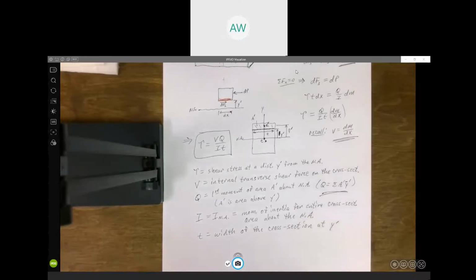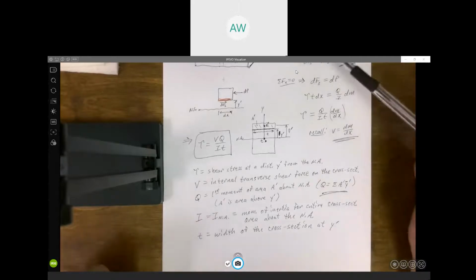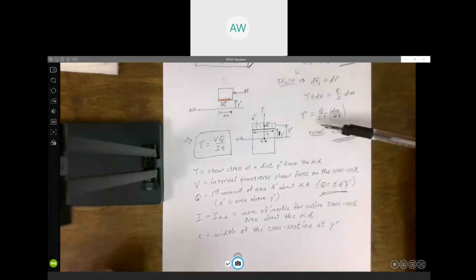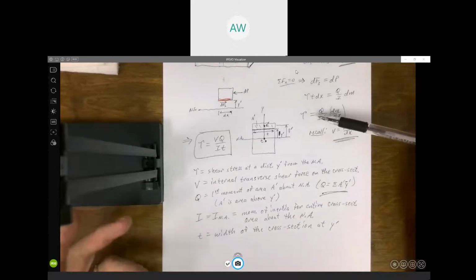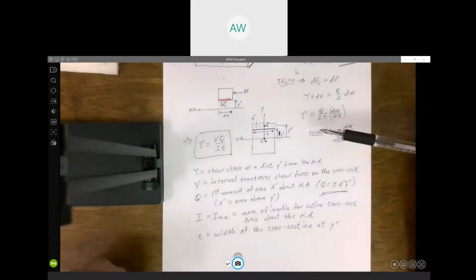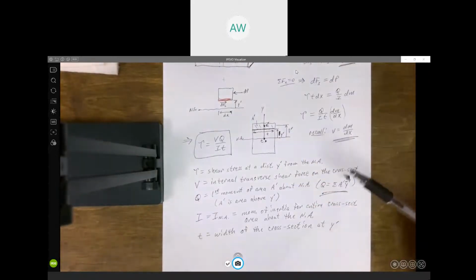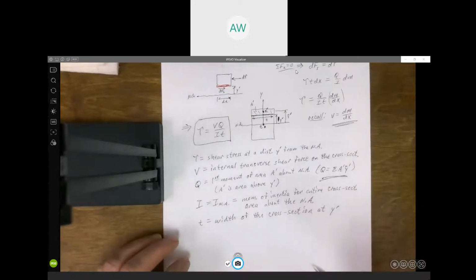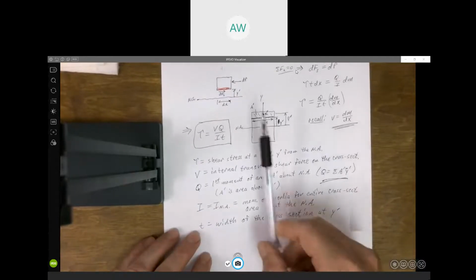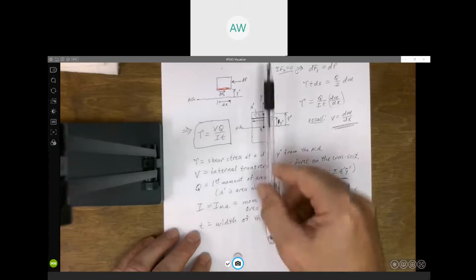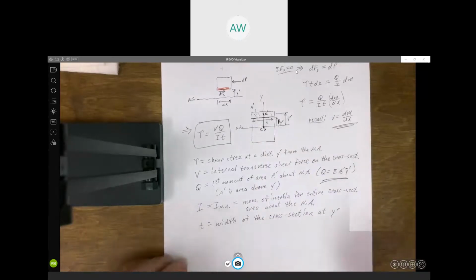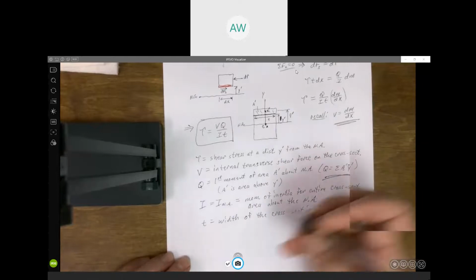Now, one thing that might not be on your mind is that the way we derived this formula, what we actually came up with was the longitudinal shear stress, the shear stress longitudinally down the beam. But it turns out this is actually the same as the shear stress on the cross-sectional surface area as well.